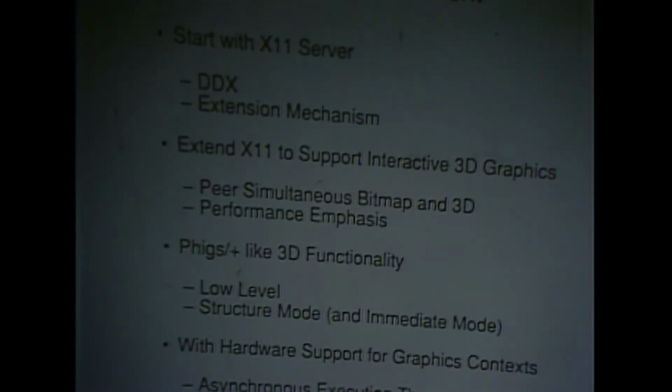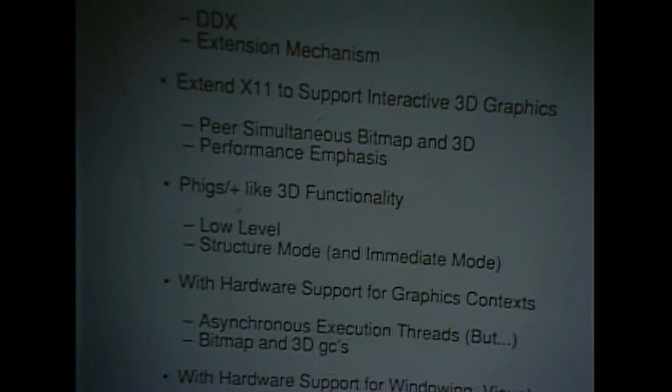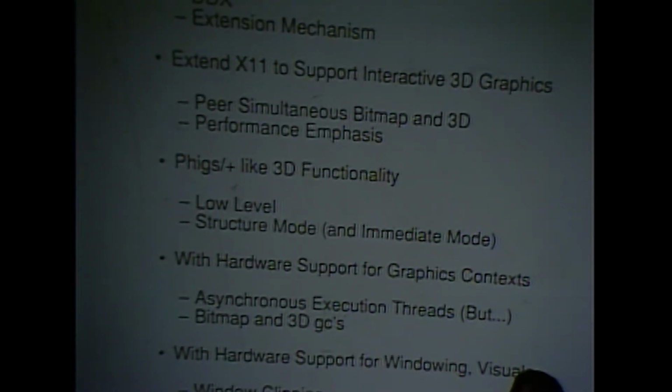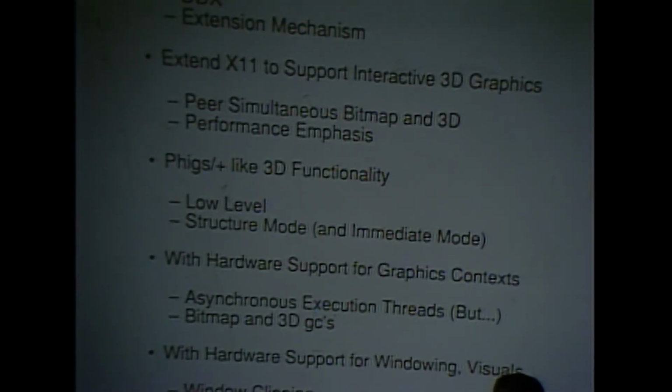The 3D interface that we implemented has FIGS and FIGS Plus-like functionality. It is lower level than FIGS. FIGS is layered on top of it. And it is currently a structure mode interface. Originally, we were looking at doing an immediate mode interface as well.